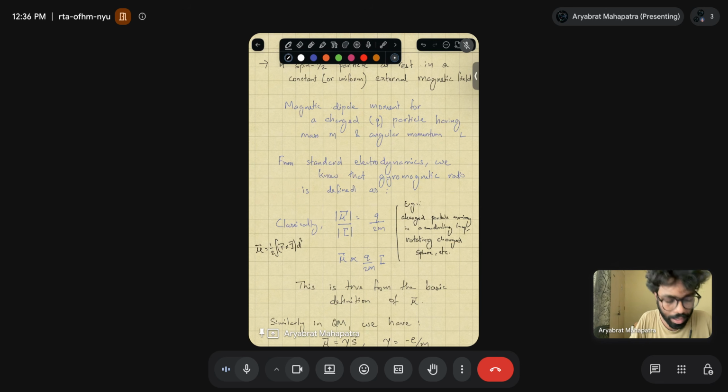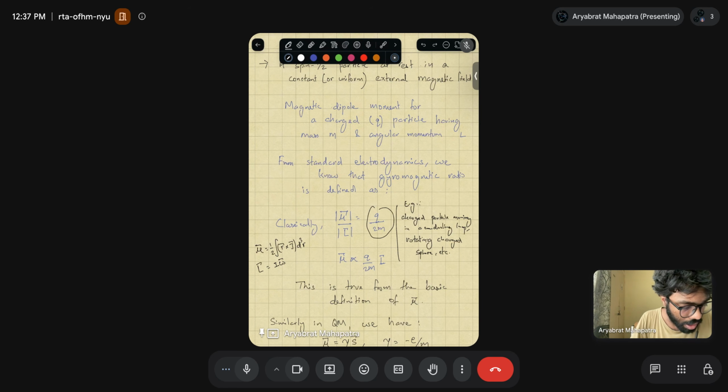That is how you define the magnetic moment. And obviously, for whatever object you have, you will have a moment of inertia, and you multiply it with its angular velocity to get the angular momentum. Their ratio used to be q over 2m.